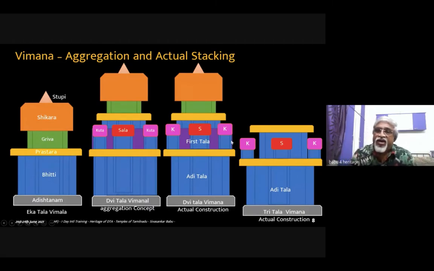You add some more. Either you can add two salas here, or normally people add two pancharas. So the first layer looks with the harantara, and this is the first tala. So now it is a wider temple. It is going to be tall, so your width is more with more components, and this is your first tala.